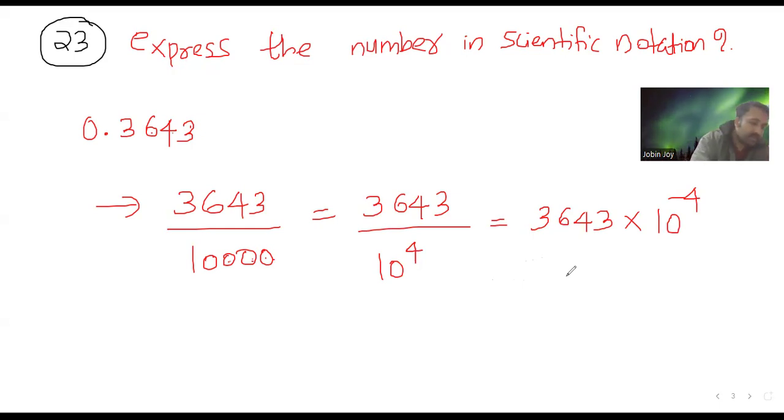So the answer is 3643 into 10 raised to minus 4.